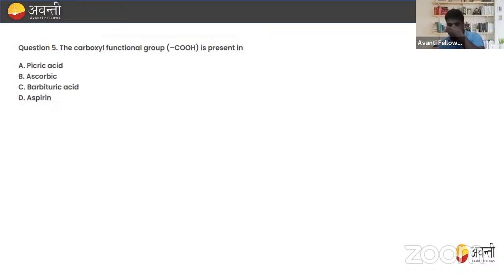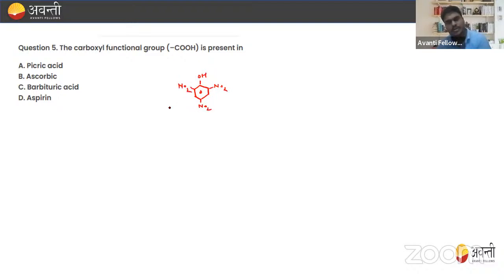Right. Now, the next question: which of the following contains the carboxylic functional group COOH? Picric acid? No, in picric acid we have a structure with NO2, NO2, and NO2.